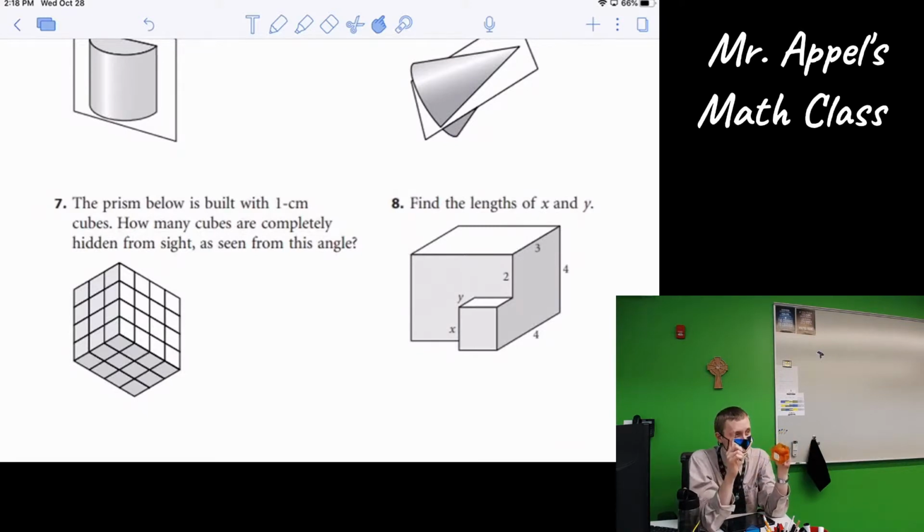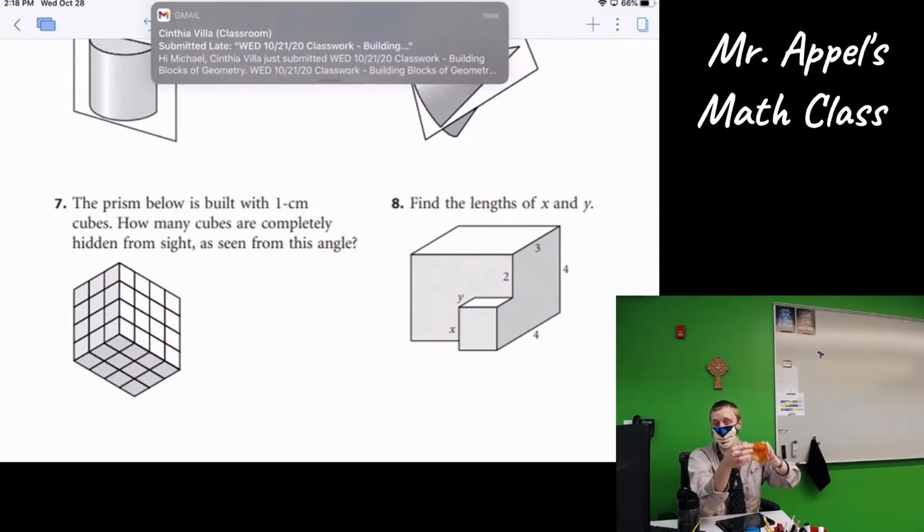Well, you've got to be careful here, because you can't just count the squares. It says how many cubes. If you can see that top edge there, those squares along there are connected to the squares back here that you can't see. Those are the same cube, so don't accidentally count squares you can't see if they're attached to squares that you can, because they're part of that same little cube.